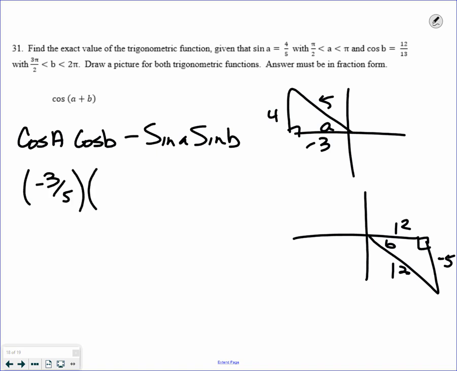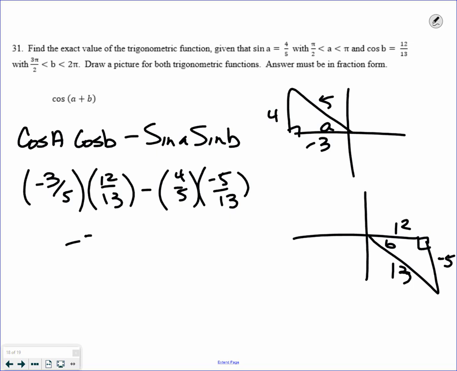Cosine of the next one, adjacent over hypotenuse. Minus sine of the first one, sine of the second one. So I get negative 36 over 65 plus 20 over 65 makes negative 16 over 65.